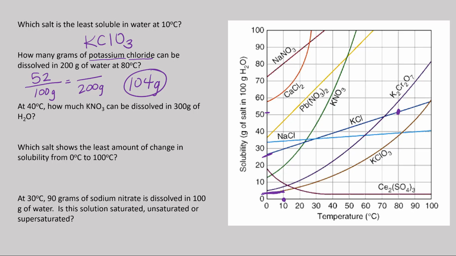All right, at 40 degrees Celsius, how much KNO3 can be dissolved in 300 grams of water? So at 40 degrees Celsius, we want to look at KNO3, which is the green line, potassium nitrate, and we can dissolve about 63 grams in 100 grams of water.